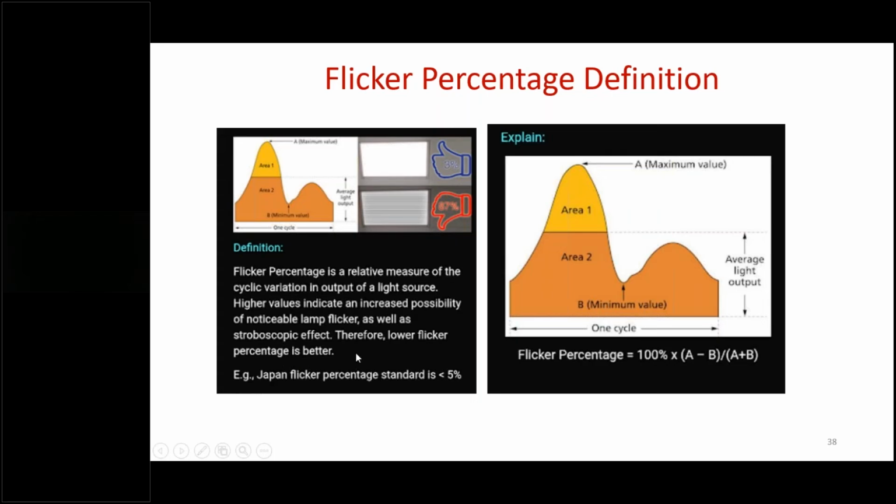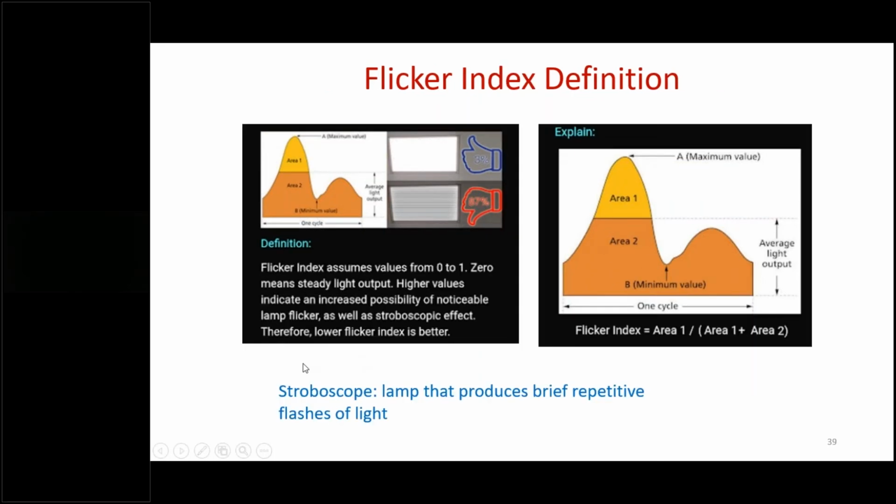Lower flicker percentage is better. Over here you have a flicker index, which uses the areas, area 1 divided by area 1 plus area 2, and higher values indicate an increased possibility of noticeable lamp flicker.